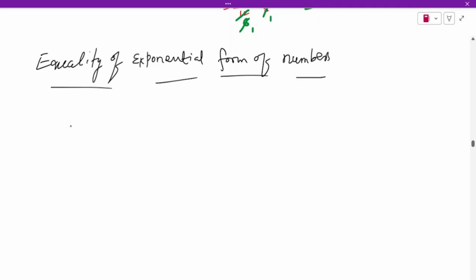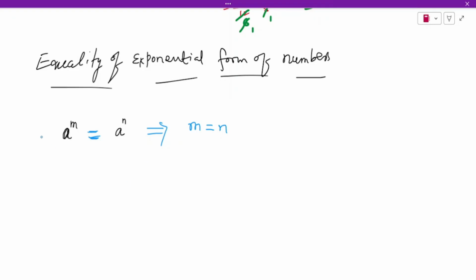Suppose we have given two exponential forms of number, let's say a to the power m and a to the power n, whose base are same, and if these two exponents are equal, then their power must be equal, means m should be equal to n.